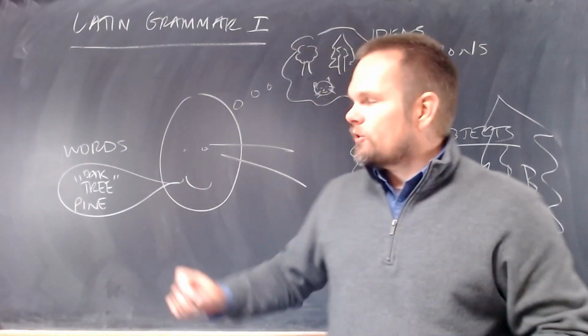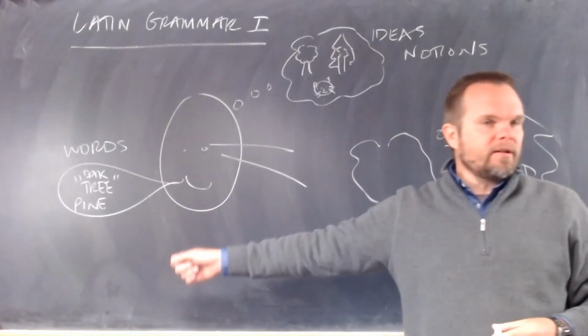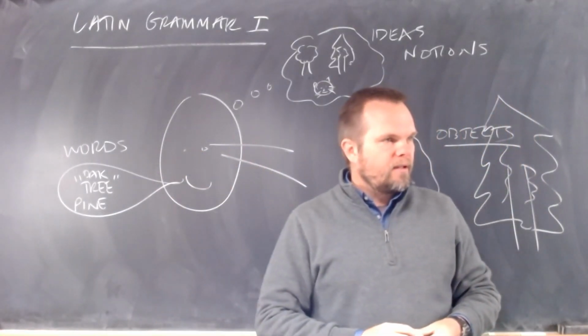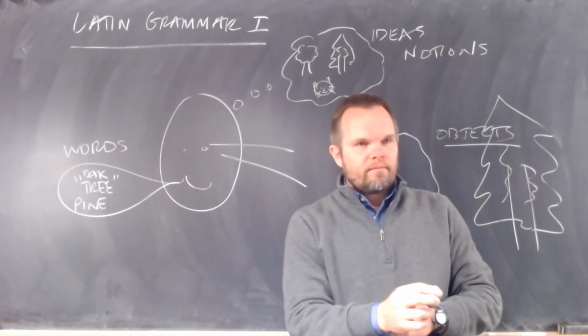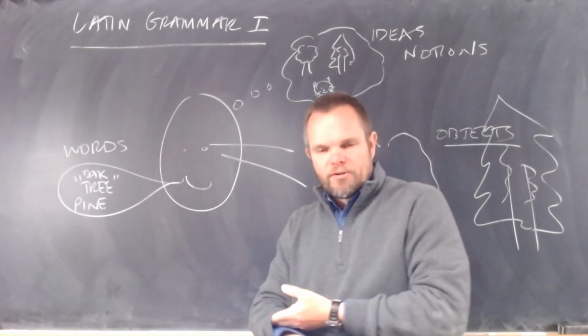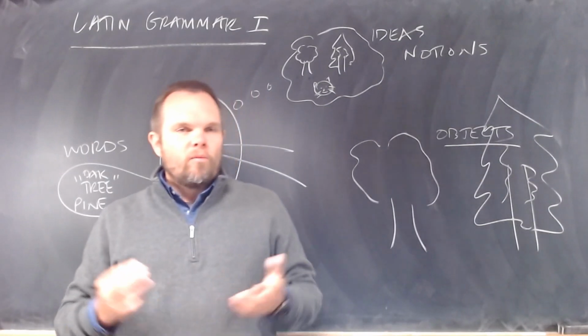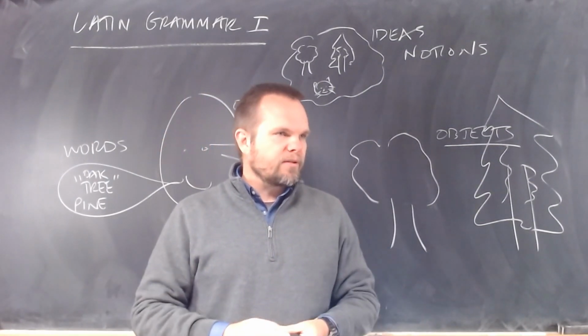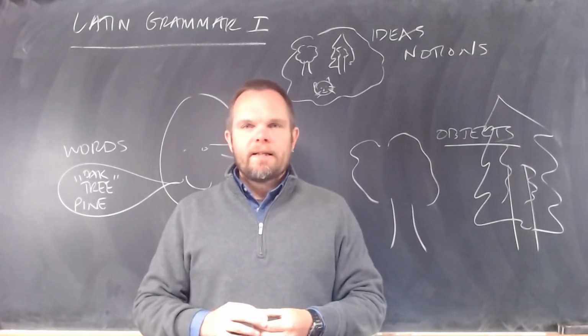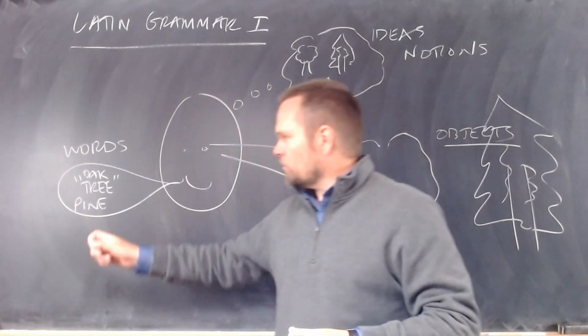And in order to do that, we have to learn words. We have to learn names for things. It's interesting that in the Garden of Eden, one of the first things that Adam had to do was name all the animals. Why did Adam need to name all the animals? This is why.